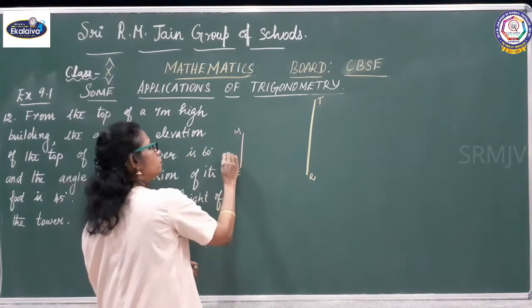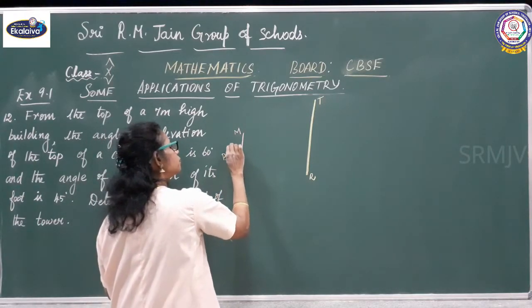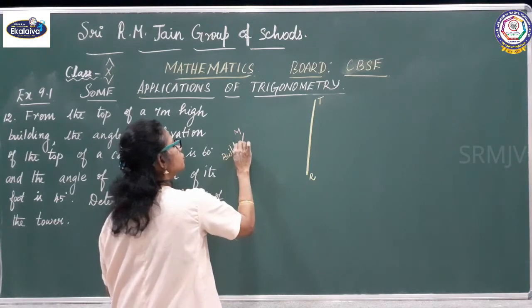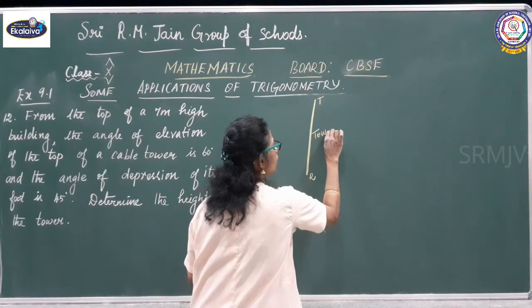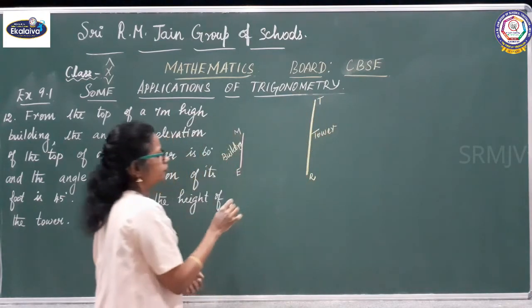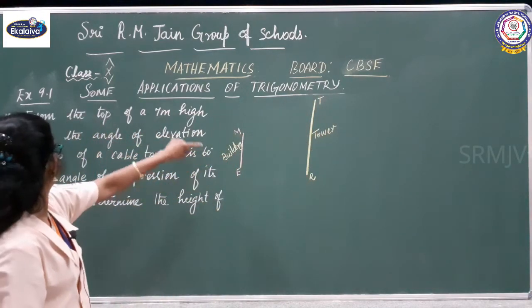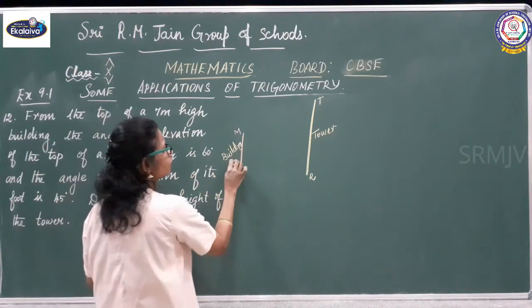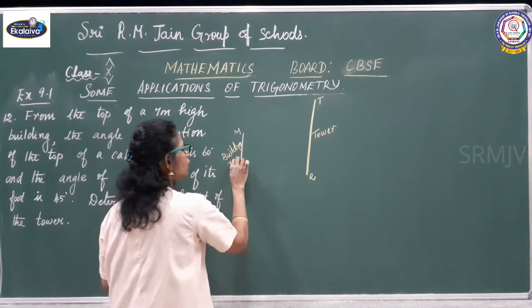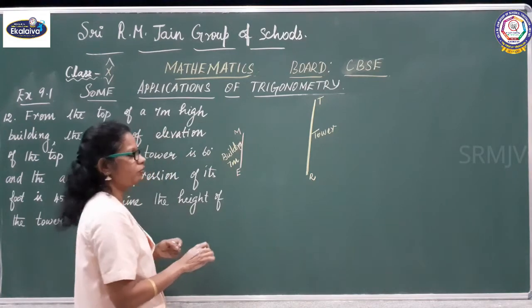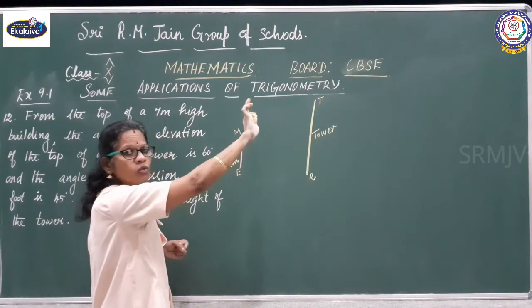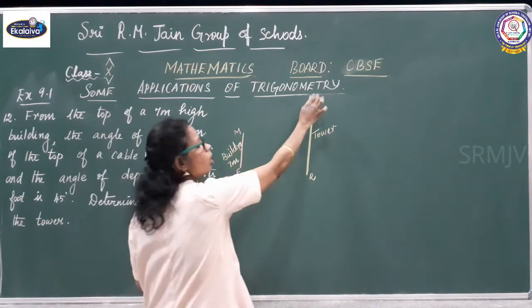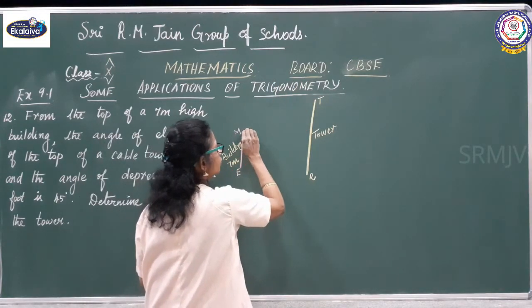Now, building, cable tower. The building height is 7 meter. From the top of the building, you are seeing the top of the tower, right?